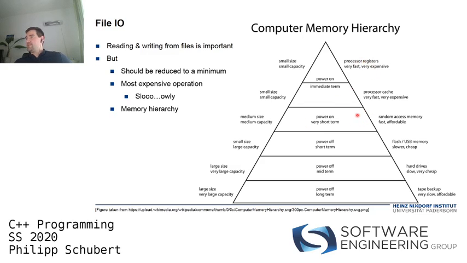Then of course you have RAM chips, random access memory, which is still fast, but nothing compared to cache. Cache is really, really fast, and RAM is orders of magnitude slower. Even random access memory is slow compared to cache.